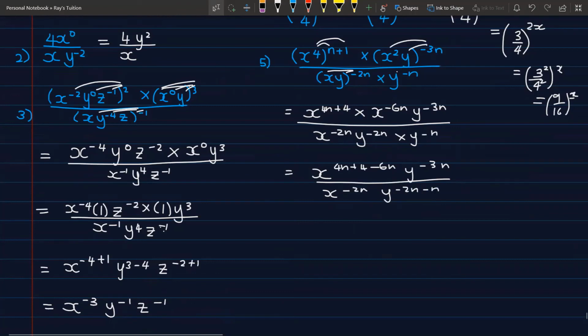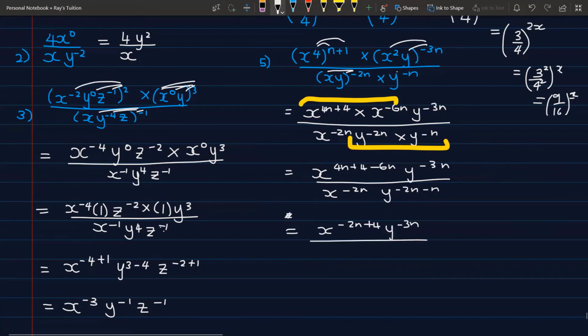So basically, what I've done is over these, I put them in the same base and combine those two using our multiplication law. So now let's simplify that. So we have x to the 4n minus 6n is minus 2n plus 4, and then that is y to the minus 3n, all over x to the minus 2n times y to the power of minus 3n, that minus 2n minus n.